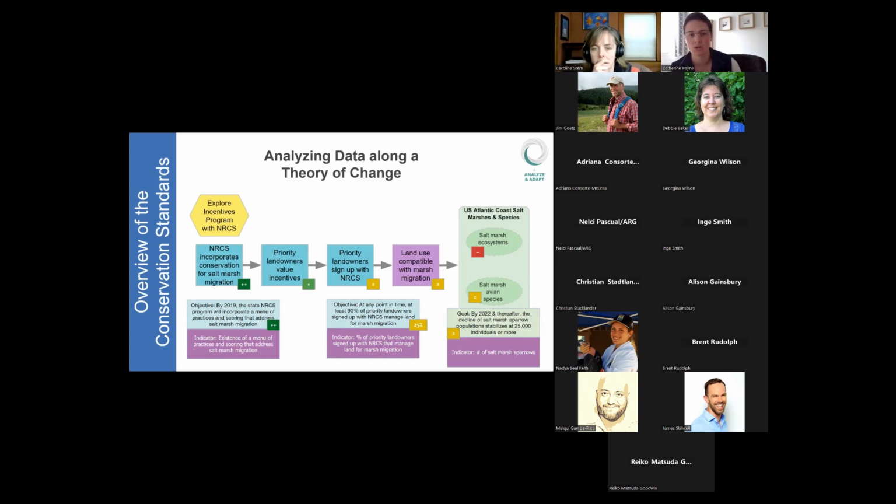But for me, working with teams, the real power here is to really make those connections. As Caroline read through that, she said, if this happens, then the next thing will happen. If that happens, then the next thing will happen. So being able to actually lay that out is really useful to help the team understand, is this strategy actually going to lead to the desired results that we want to see? In a very visual way.